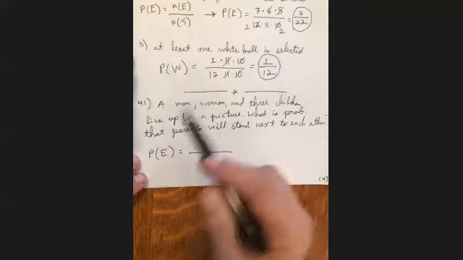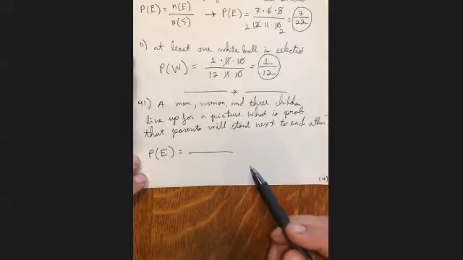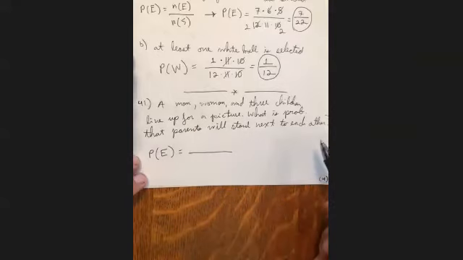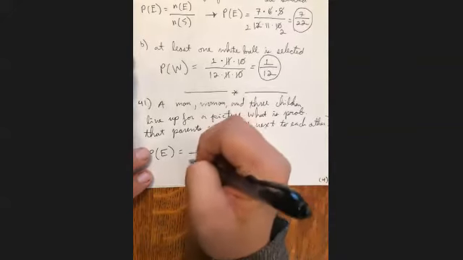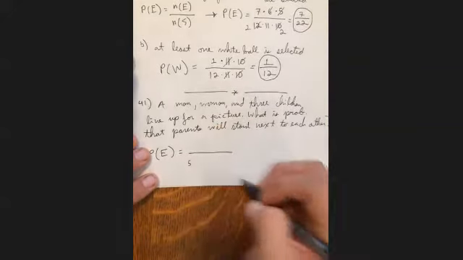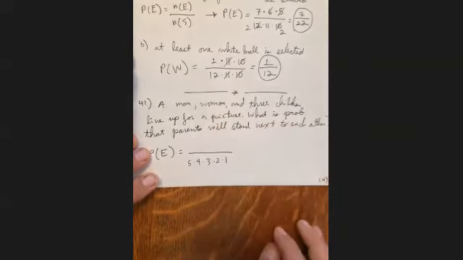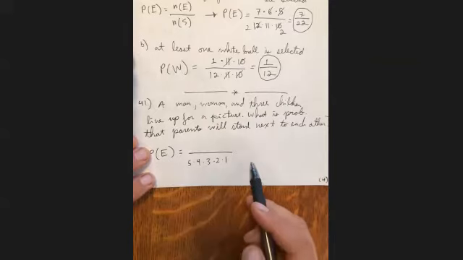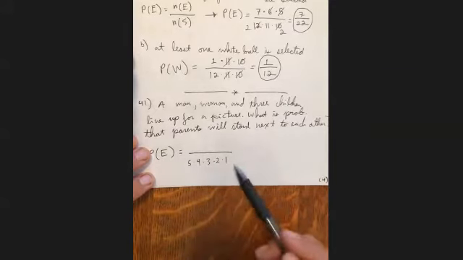So how many ways are there for these 5 distinguishable objects, the mom, dad, kid 1, kid 2, kid 3, to line up? Well, there's 5 options for the first place, then 4, then 3, then 2, then 1. So this is a 5 factorial. All right, that's the easy part.